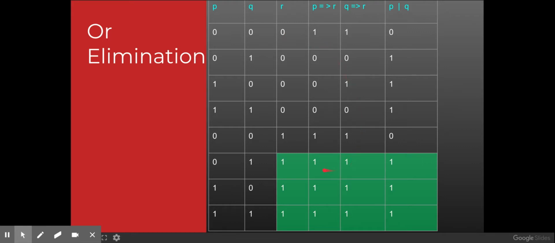In the situation where P implies R and Q implies R and P or Q is true, those are the situations that are highlighted in green down here in the lower right-hand corner. And we see that R is true in all 3 of those circumstances. So the or elimination rule formalizes that and generalizes that.